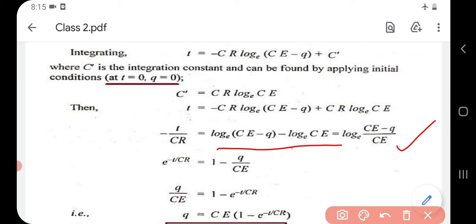Now on taking this exponential form, this log will disappear.